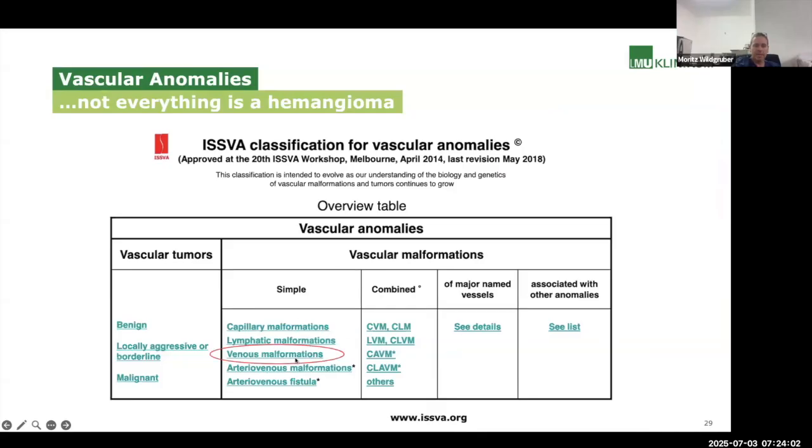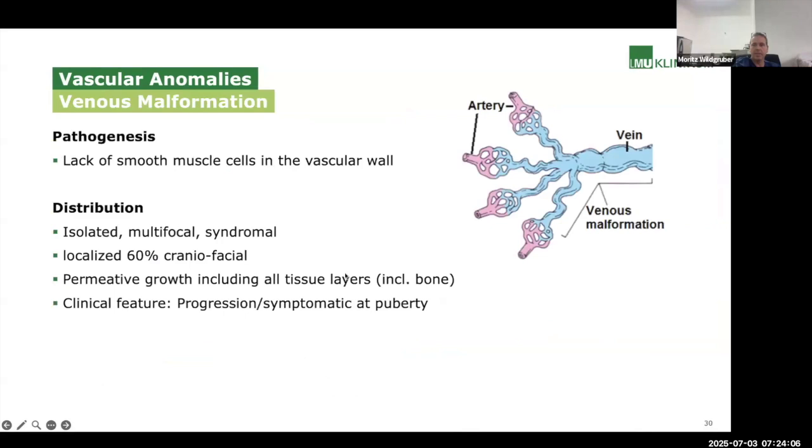Venous malformations are the most frequent vascular malformations. What happens there is a little bit similar to varices, but congenital. So differing from hemangiomas, which you learned are not there at birth, they occur later on, then they grow, venous malformations and all vascular malformations are already present at birth.